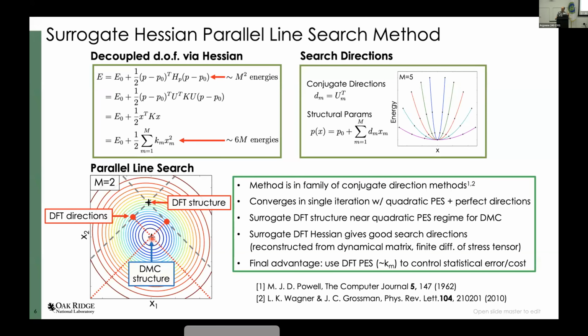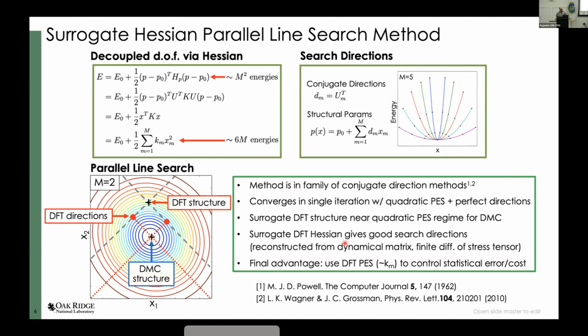If your directions are not perfect, then you're going to have more than one iteration. In practice, in a number of cases we've tried for diffusion Monte Carlo, it requires about 2 iterations, so it's really quite fast. Overall, like I said, this is in the family of conjugate direction methods.